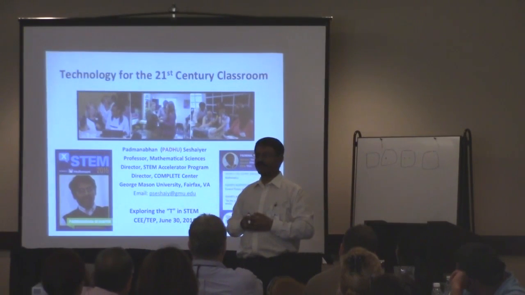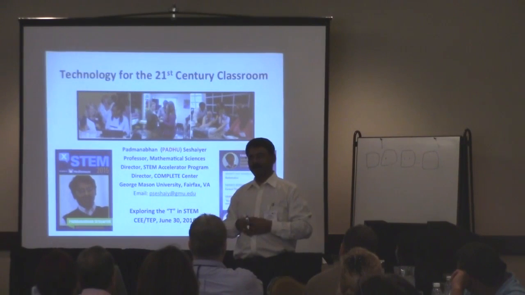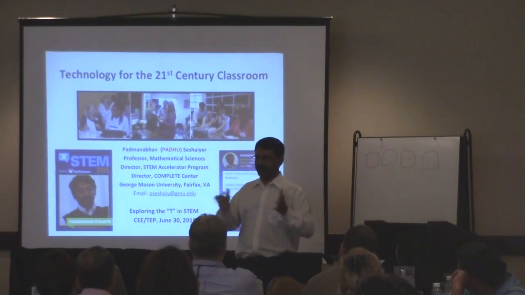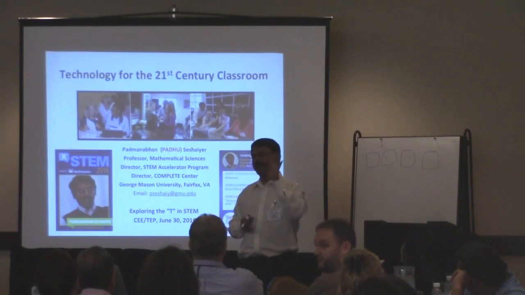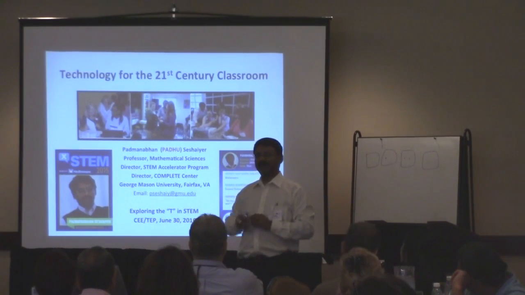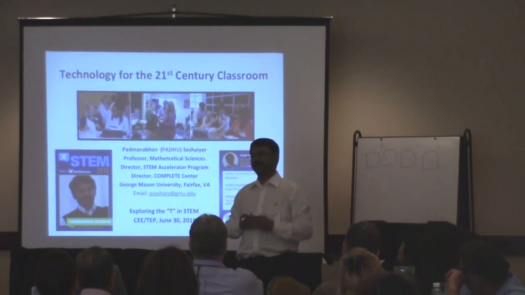Sometimes we tend to overcomplicate. I'm at George Mason University, but I'm actually on detail at the National Science Foundation. I'm a program director for 2 years, and I still hold my job at George Mason University. So I actually hold 4 jobs right now. I'm a program director at the National Science Foundation. I'm a professor of mathematical sciences at George Mason.